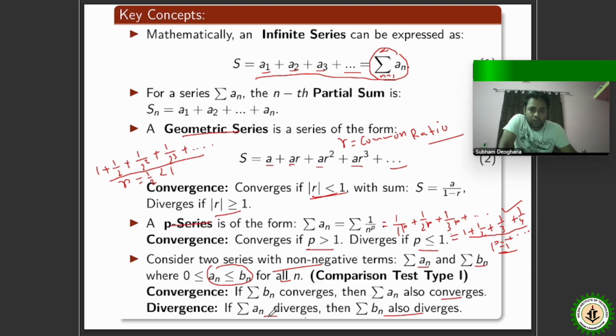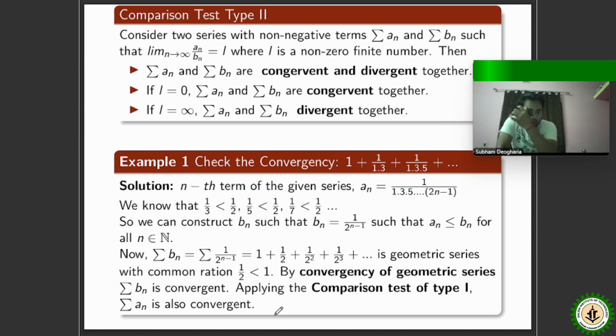Now we are going to take an example of the comparison test of type 2, where we can check the convergence of this series. First we have to find the nth term of this series. Here a_n is equal to 1 into 3, or 1 into 3 into 5, up to 1 into 3 into 5 into dot dot dot into 2n minus 1.